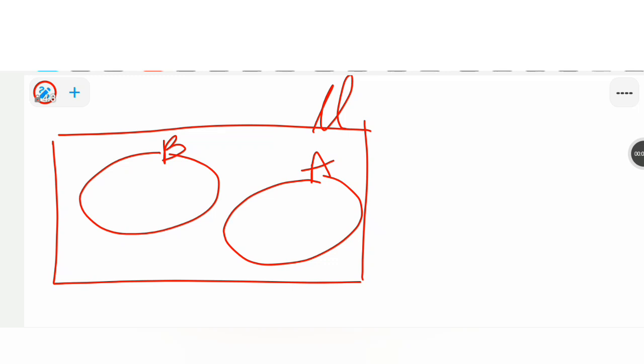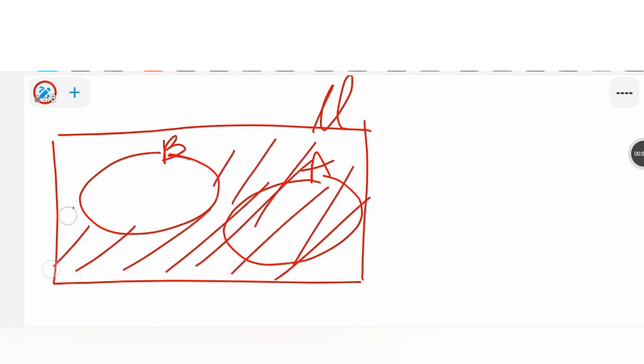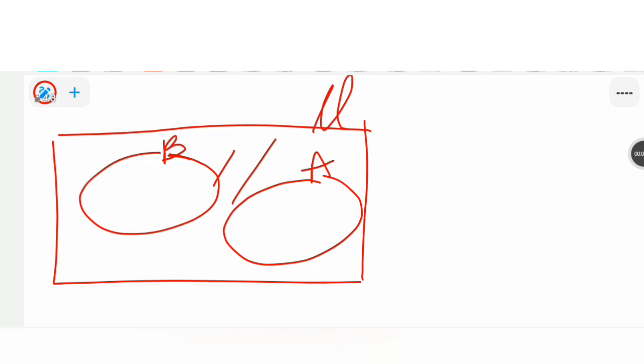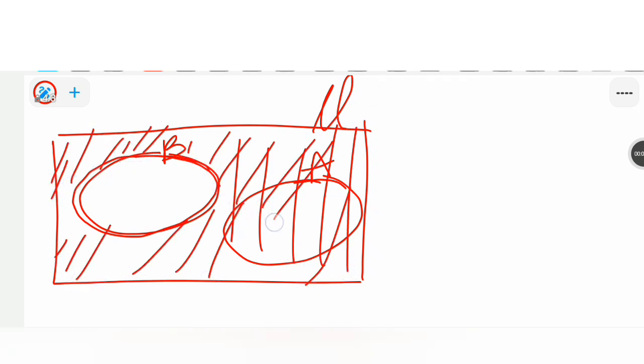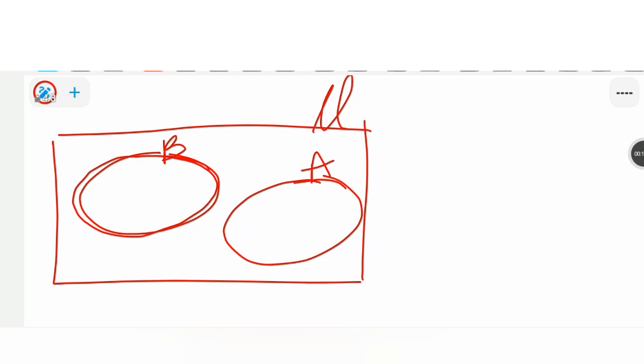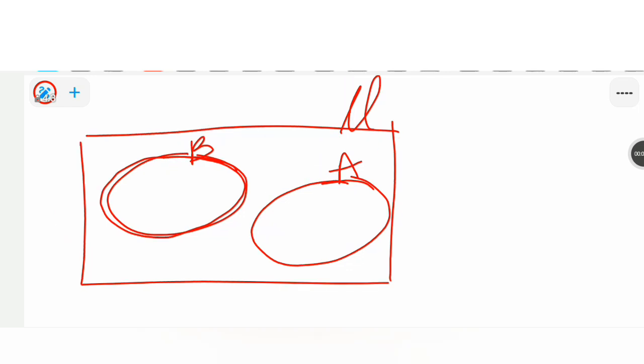Don't forget that this is set B here. Outside B means everything here like this, including A. Once you go outside B, you are going to see A. This is B complement, and if you shade it, it is going to involve A. The same concept applies to A too.